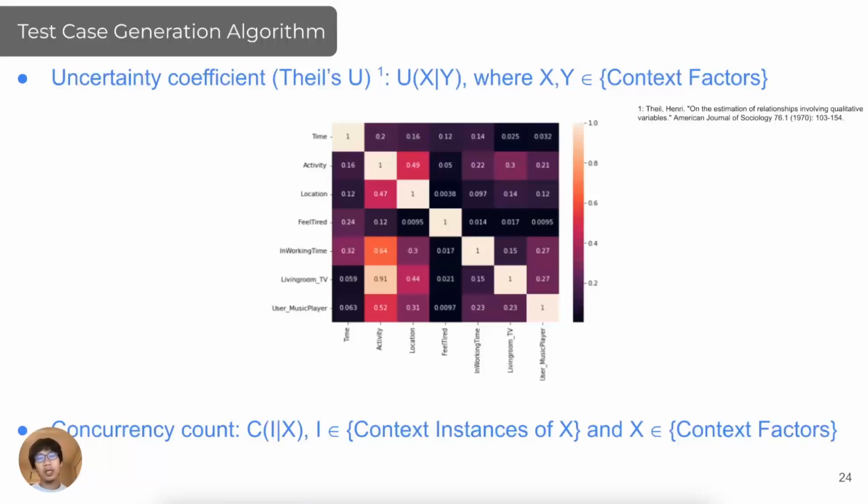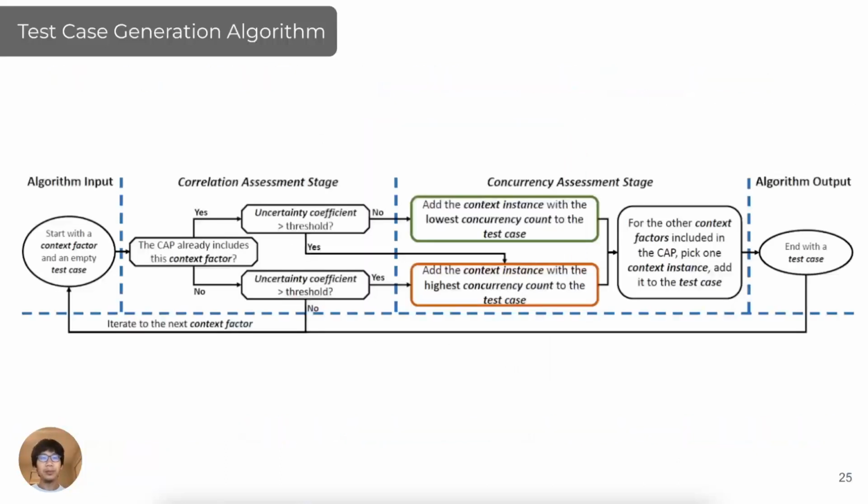The second is the concurrency count, which represents how frequently a specific context instance happens with respect to the context vector. For instance, in the context history, there are 50 context scenes, or say rows of data. For the activity context vector, eating happens 15 times, using phone happens 17 times, and so on. Referring to these 2 values, we design the test case generation algorithm.